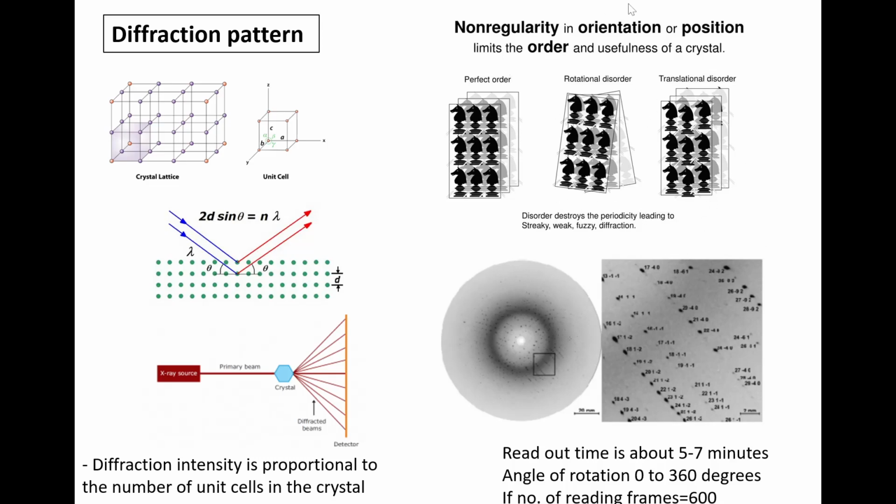You need to prepare the crystal again, or choose another crystal. That fuzzy pattern will hamper your data. When you are 100% sure with the in-house source that your crystal is good for a higher resolution image, only then do you send it abroad to a higher synchrotron source.